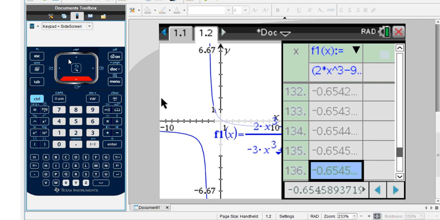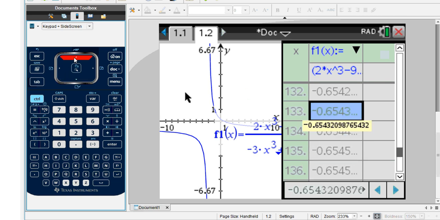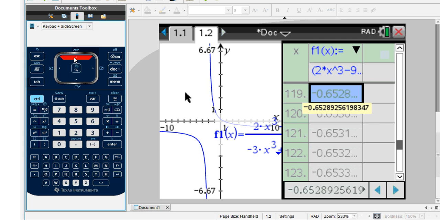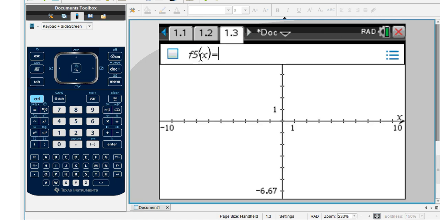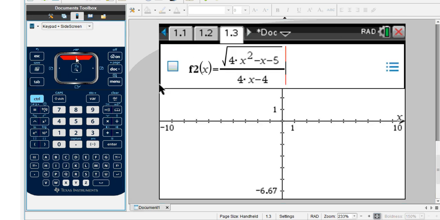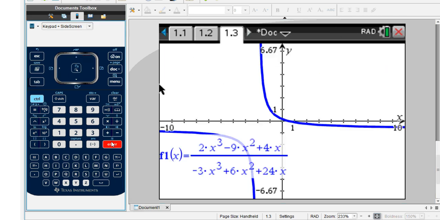Also, I'm going to try this again. I'm going to go Control I, add graph, and just go get another one here. Okay, also we see at x equals negative 2, it looks like we have a vertical asymptote.